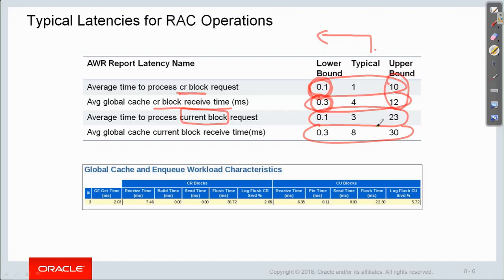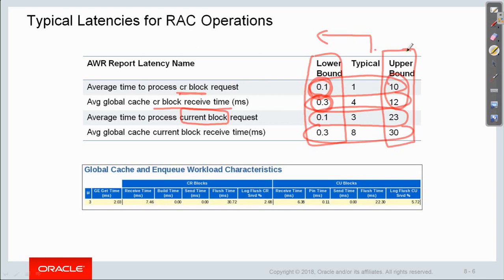So as a rule of thumb, mostly you will see around this range, lower bound to typical. Okay, for a short amount of time, if latency is around this range, that's acceptable. So around 10 milliseconds for consistent read block receive time, around 20 to 30 milliseconds for current block receive time.